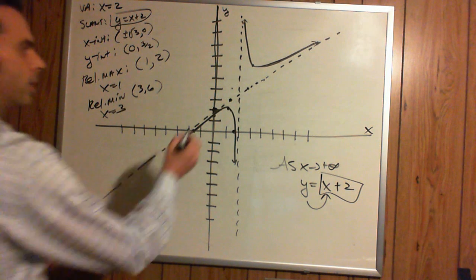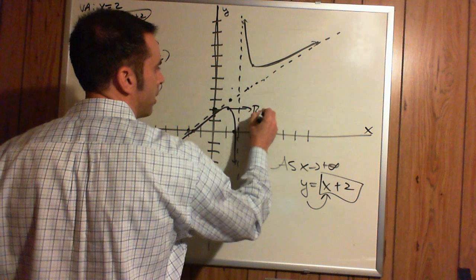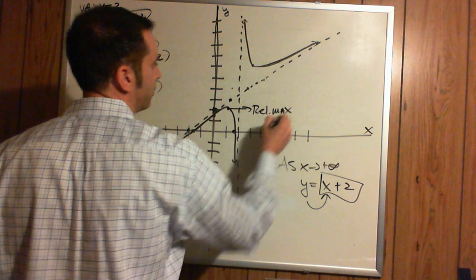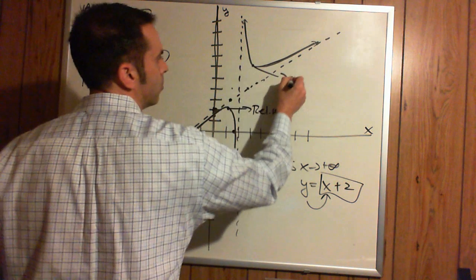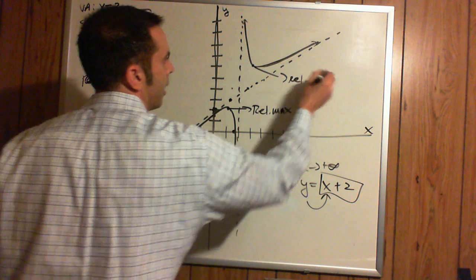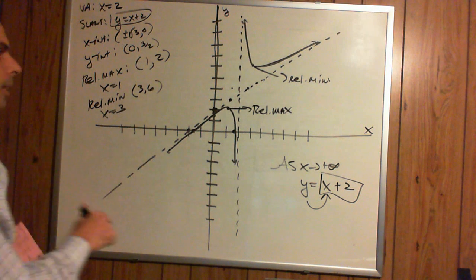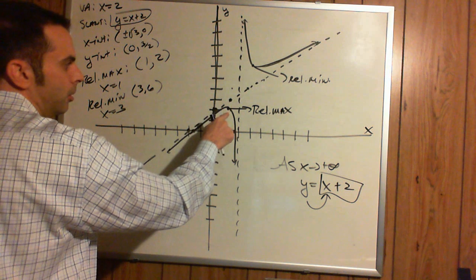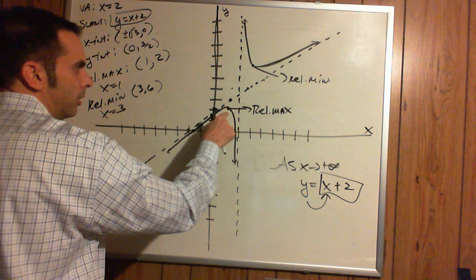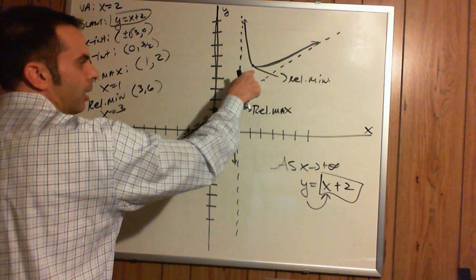What's interesting to note is that right here, this is the relative maximum, and this right here is the relative minimum. If you look at the graph as a whole, you realize that the relative maximum is actually lower than the relative minimum.